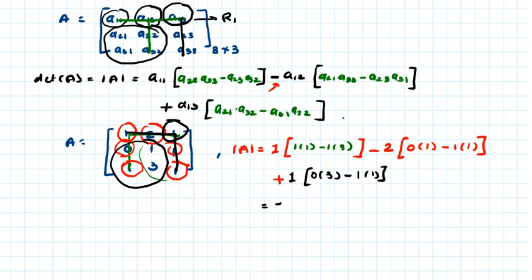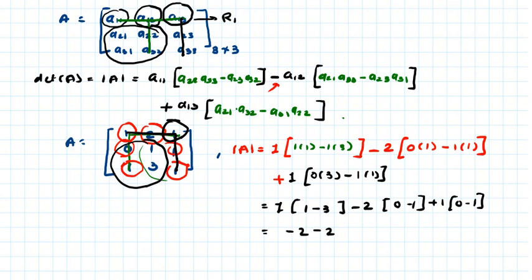So this will be 1 into (1 minus 3), minus 2 into (0 minus 1), plus 1 into (0 minus 1). So this will be minus 2, and this will be minus 1. So that is what? Minus 5. So this minus 5 will be the determinant value of the matrix A.